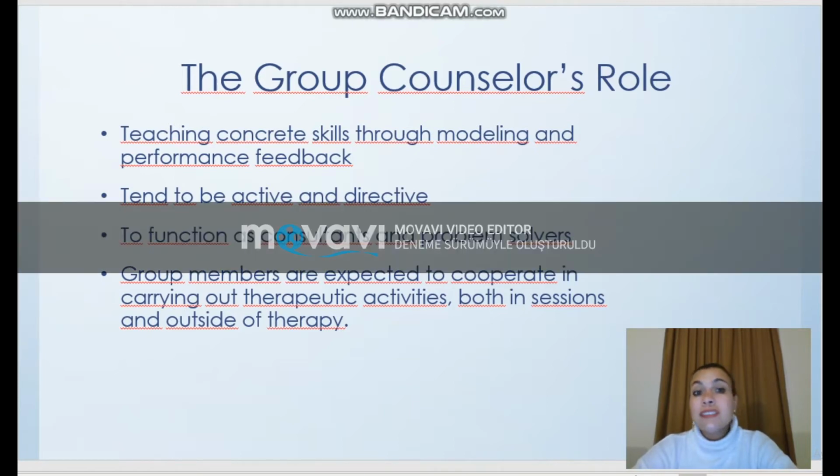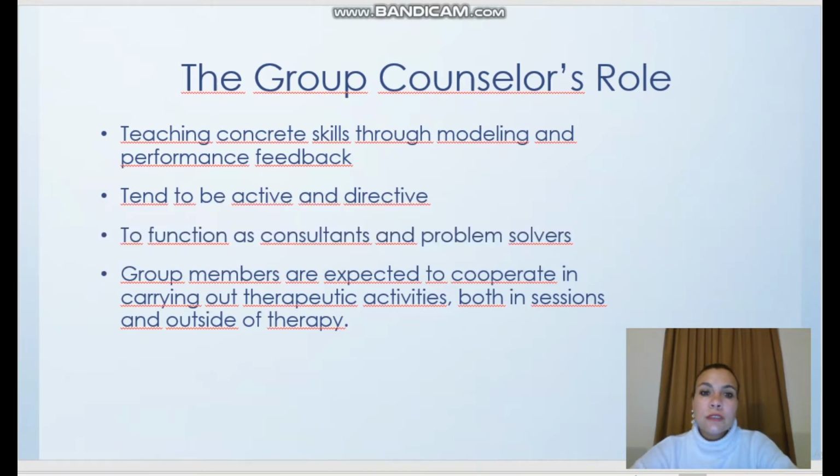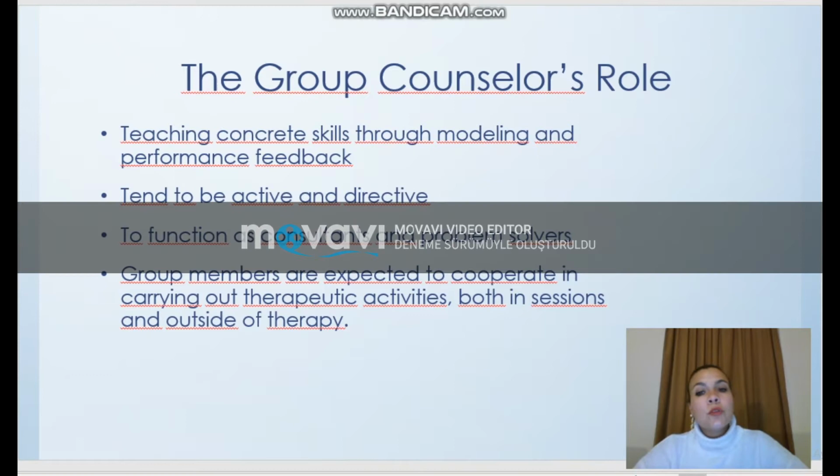A group counselor needs to be active and directive in this approach, not as it is in experiential approaches. Mostly group counselors function as consultants and problem solvers, and group members are expected to cooperate in carrying out therapeutic activities both in sessions and outside of therapy.